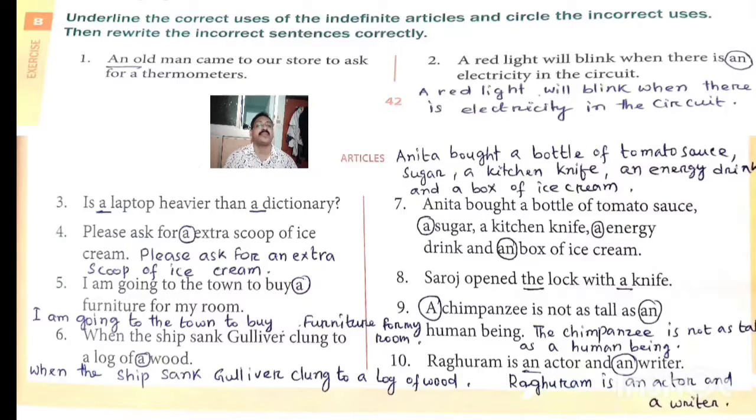A kitchen knife, one kitchen knife. And energy, E is a vowel, so don't use a, you have to use an. An energy drink and a box of ice cream, one box of ice cream. Box starts with B, a consonant. So before a consonant we don't use an. The correct form will be a box of ice cream.